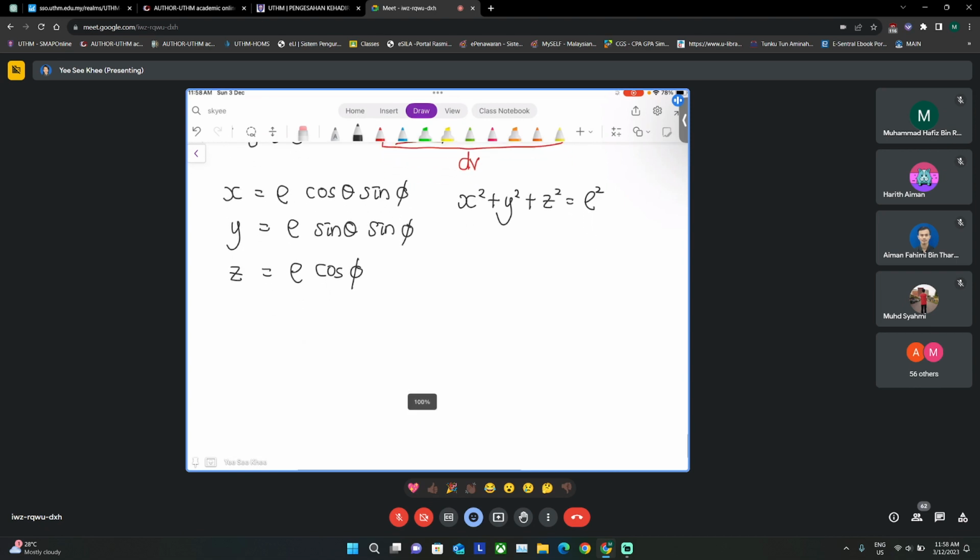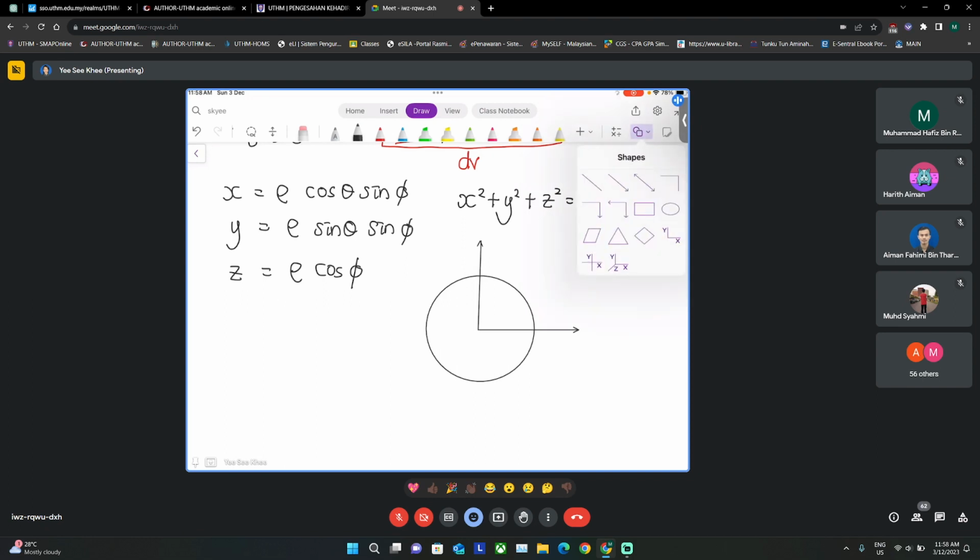Do you remember where is the angle theta and where is the angle phi? You can look at your module. If this is a sphere, you must understand where all these angles are.